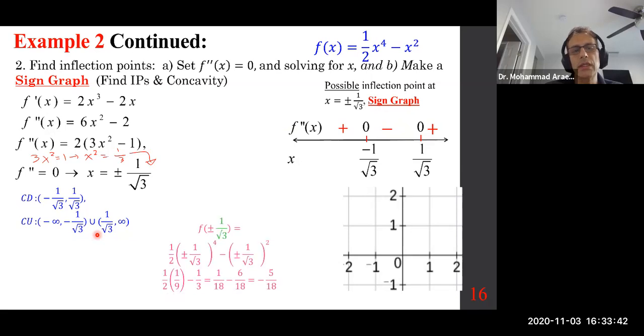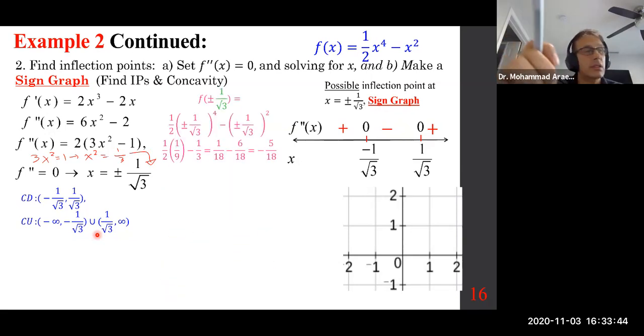When we plug in, let's see what happens. I've shown you this is simple elementary algebra. If you plug in 1 over square root of 3 or negative makes no difference. What I want you to notice is this, everybody. This one is 1/3. Okay, so that's what we have here.